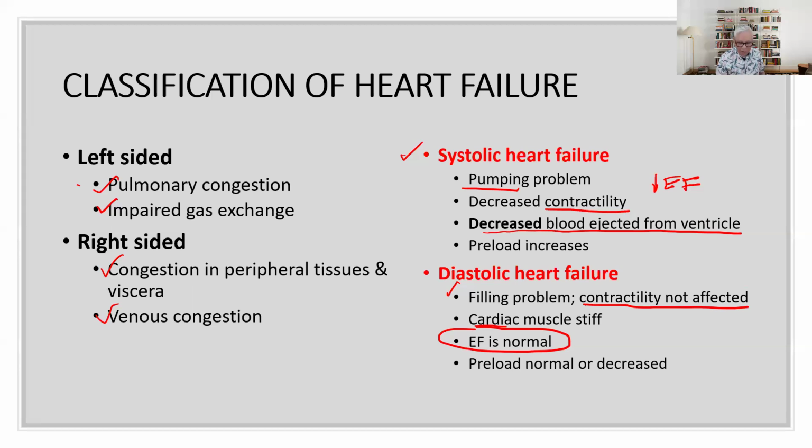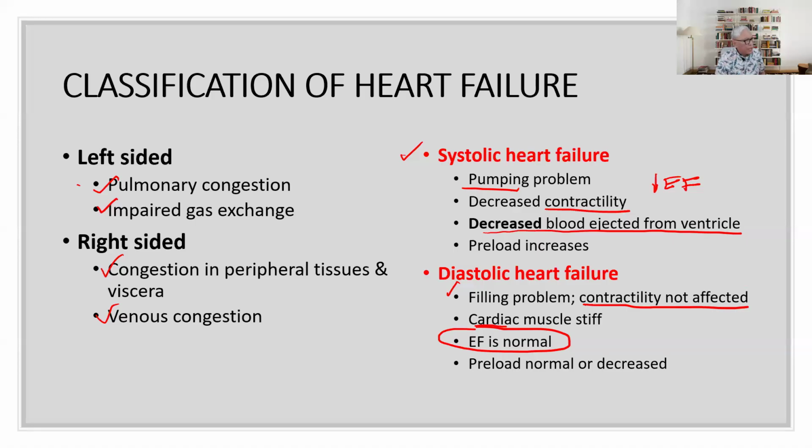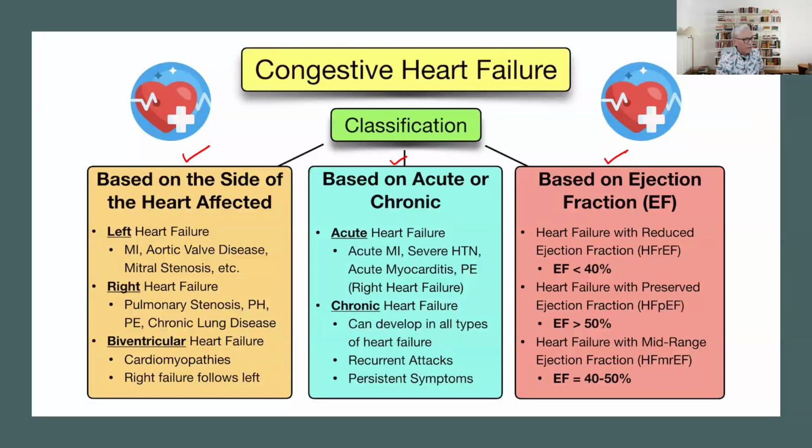So these are one classification of your heart failure. We've talked about the side that's affected and the classification based on ejection fraction. Heart failure with reduced ejection fraction is your systolic heart failure, and heart failure with preserved ejection fraction is your diastolic heart failure.